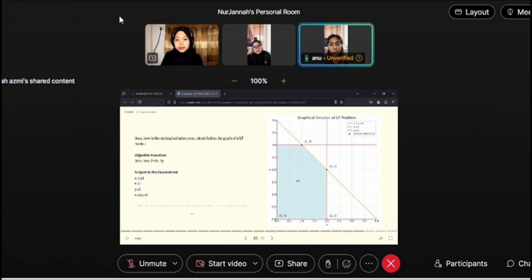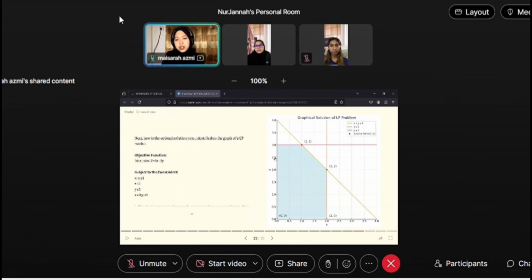So how do we find this feasible region? We shade the area that each inequality covers. For example, x plus y less than 4 will be the region below and including the line where x plus y equals 4. The other constraints will limit it further. Once we shade all the regions, the feasible area will be the part where all the shaded regions overlap.